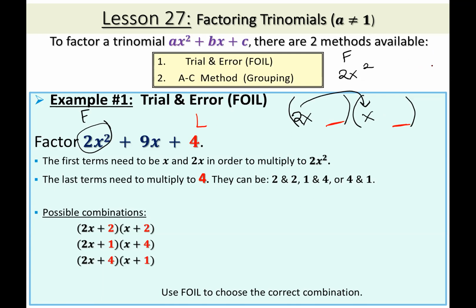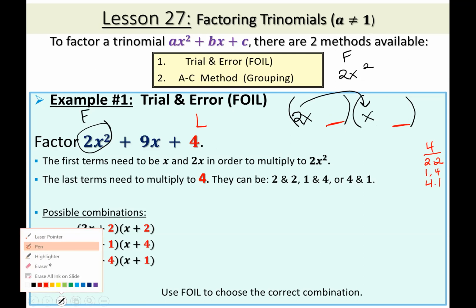Well, if I make a list of factors of 4, 2 times 2 might come to your mind. 1 times 4. And now I am going to list 4 times 1 as a separate option, because now that we have this 2x in play, it will matter whether I put a 1 here and a 4 here, or a 4 here and a 1 here. So I do need to consider both of those. Okay, let me redo that table.